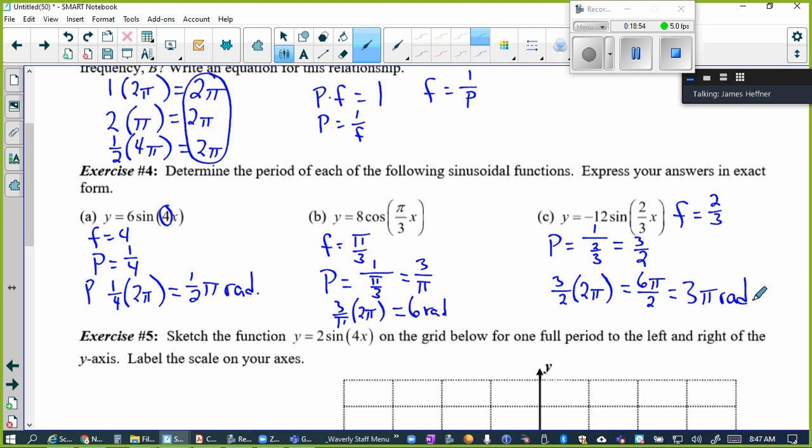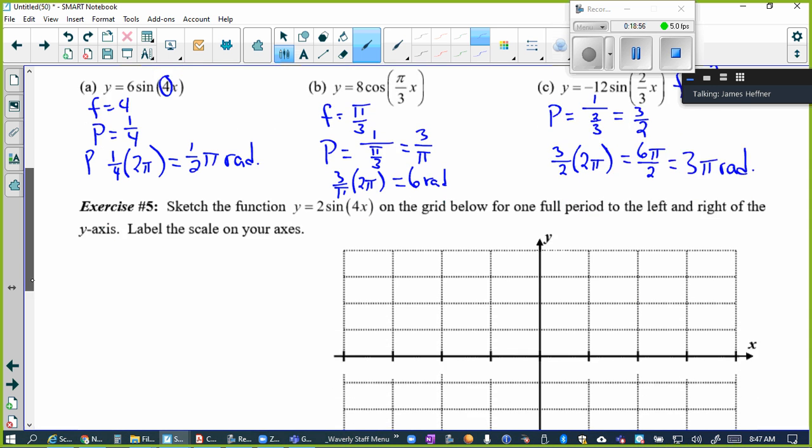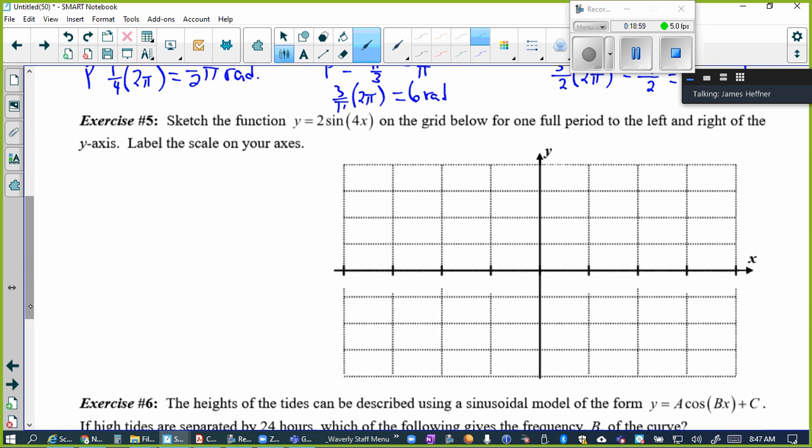All right, let's do exercise 5. They want us to sketch the function y equals 2 sine of 4x. So the frequency here is what? Frequency is 4, right? Which means that the period is what?